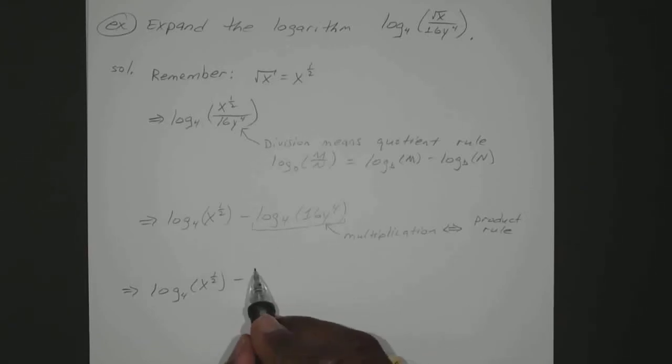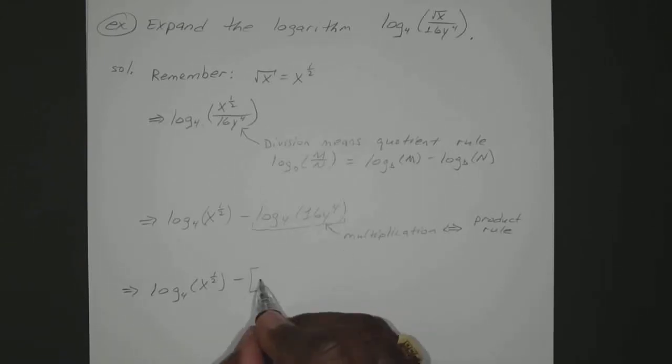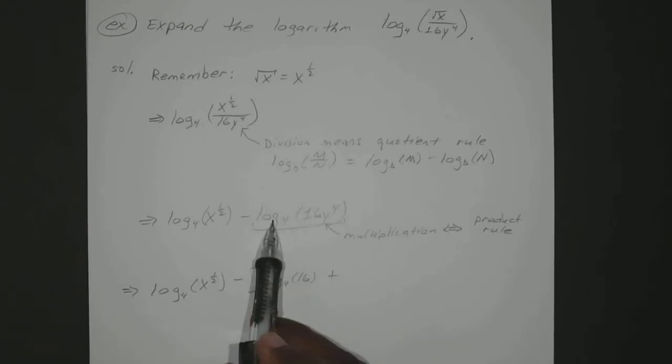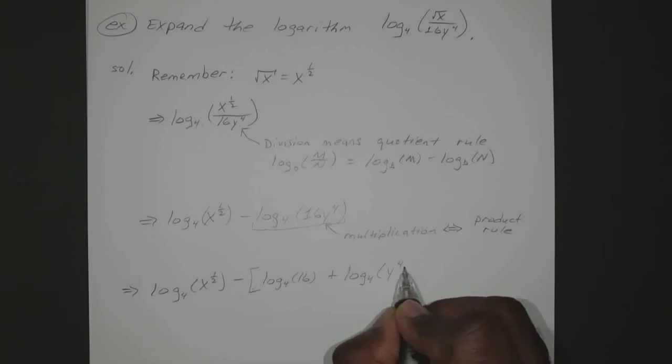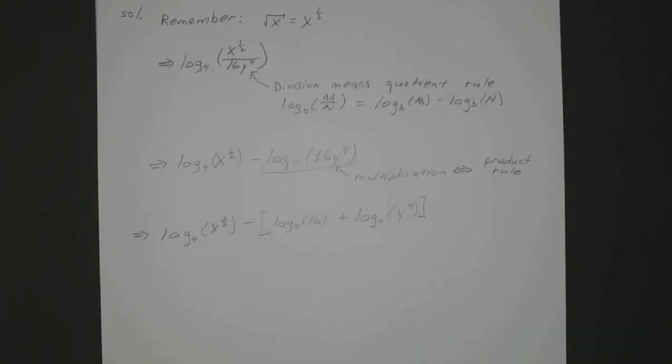So as soon as you expand it, both terms will still be subtracted. So you have log base 4 of 16 plus log base 4 of y to the fourth. You can use parentheses or brackets; I just use brackets so it wouldn't get confused with all the parentheses we're already writing.